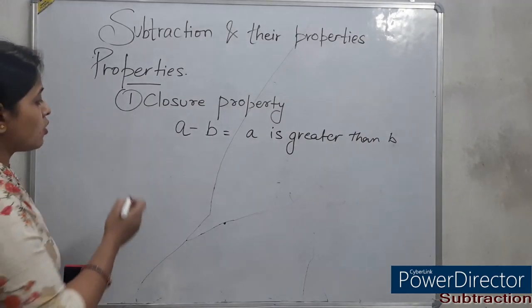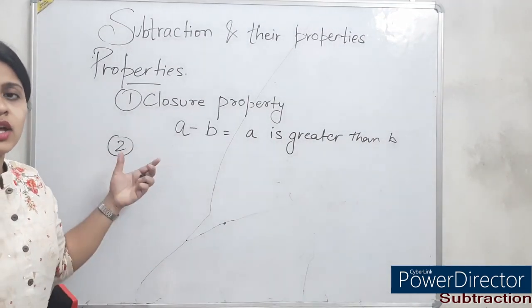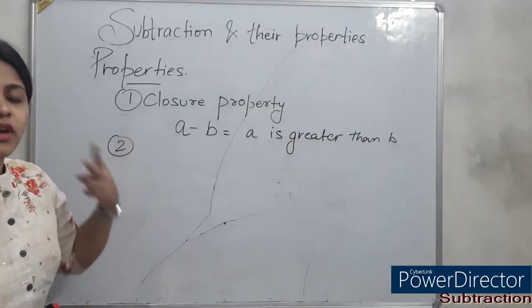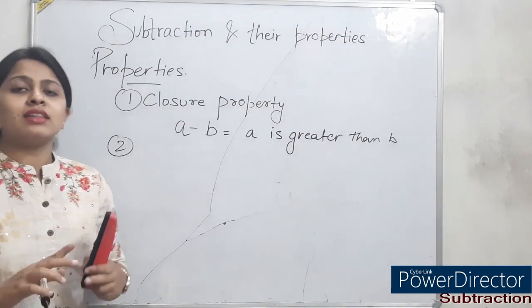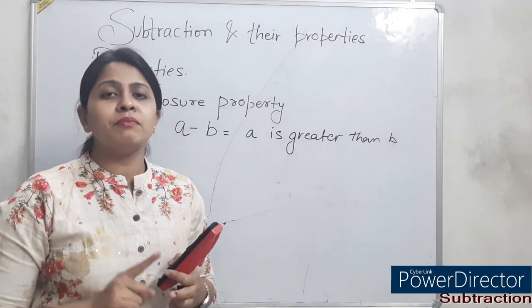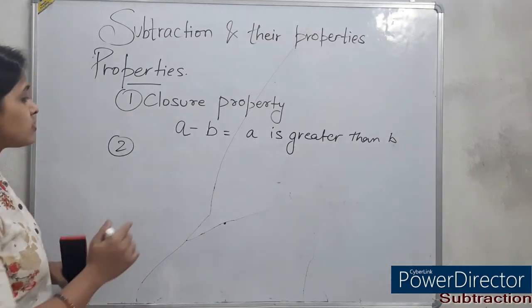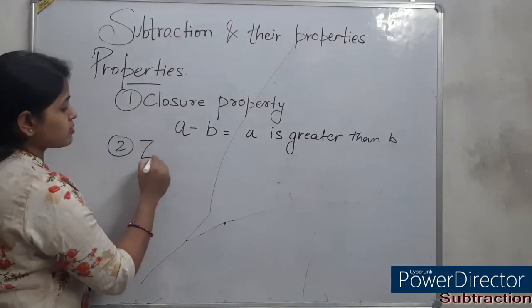Now the second property. Here in subtraction we have only two properties. The commutative and the associative properties will not be true in the case of subtraction. The second is the zero property.